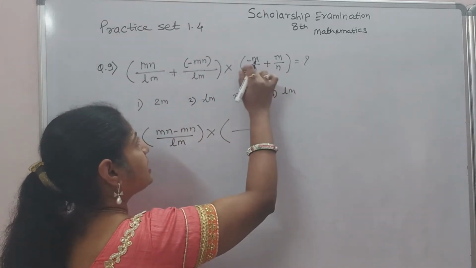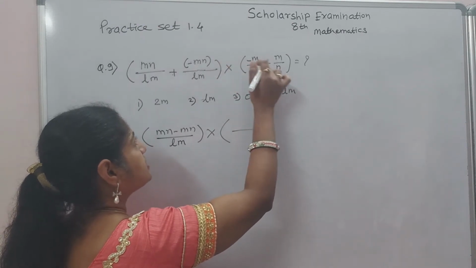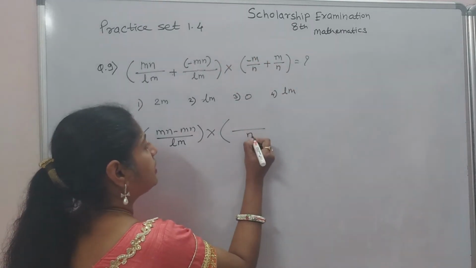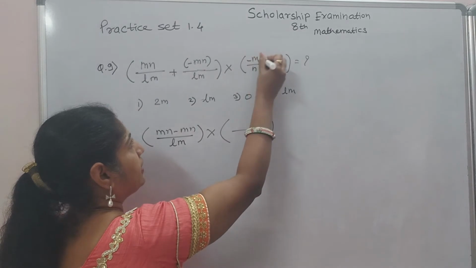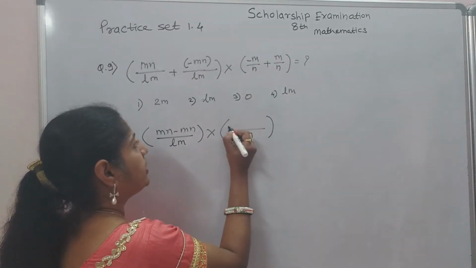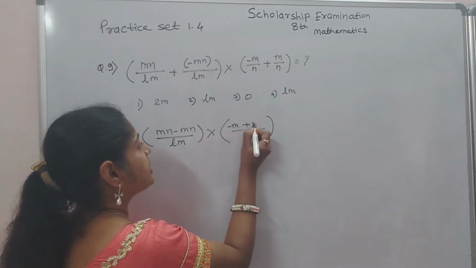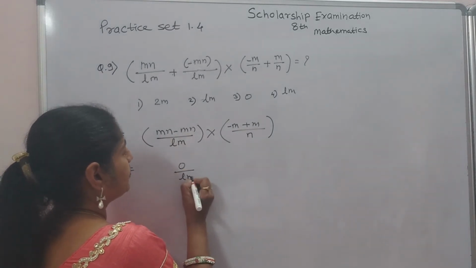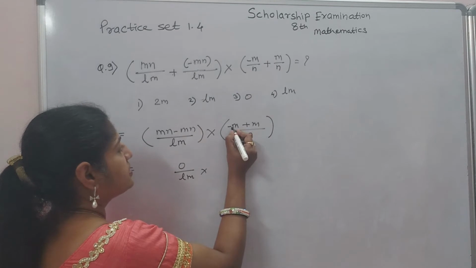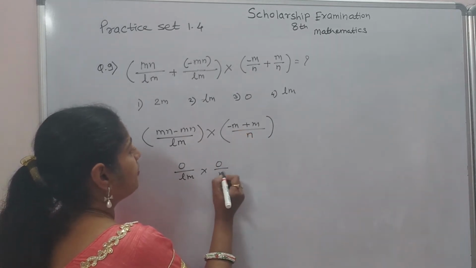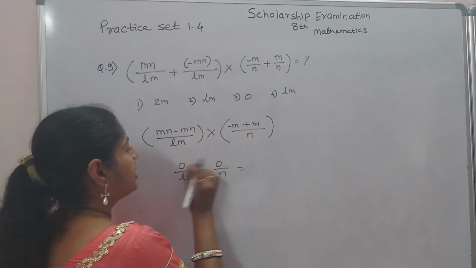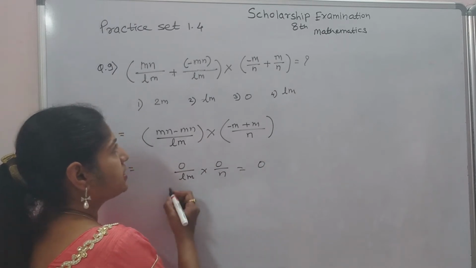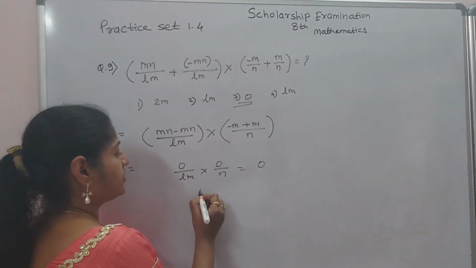Now the denominator is equal as well, write the denominator, and in the addition, numerator in addition, minus m plus m, that is 0. Numerator is 0. Minus m plus m cancel, that is 0 upon n, and multiplication of 0 is 0. Answer is option number 3.